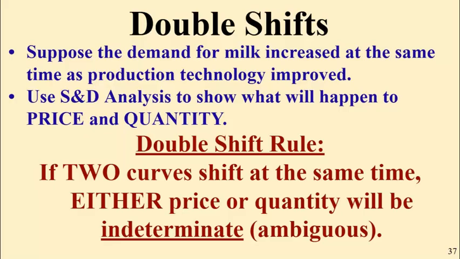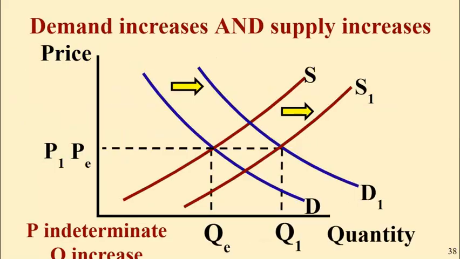And remember that the double shift rule is that if supply and demand are both changing, then something's going to be indeterminate, right? And we see that in this model. When supply and demand both move rightward outward, the indeterminate or ambiguous factor is price. It could be up, it could be down, it could be exactly the same. There could be no change at all. And so when both are moving in one direction, we see that it is price that is indeterminate.